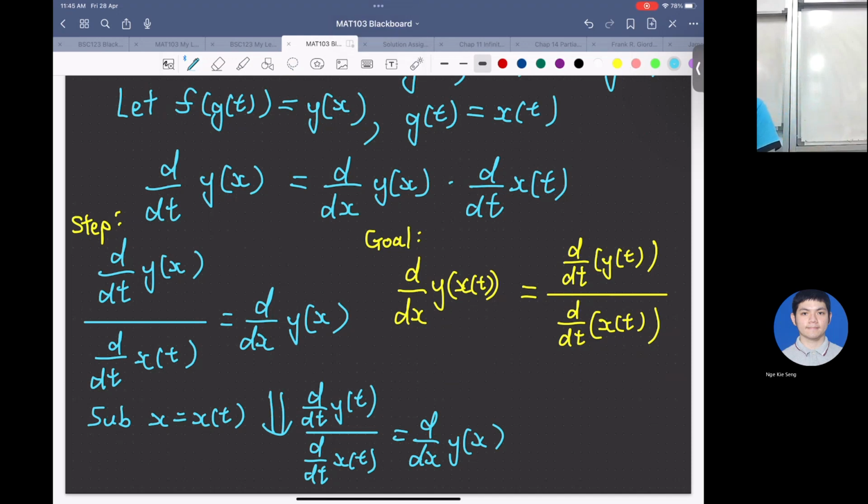Okay, so you need to remember this formula whenever you want to calculate dy/dx, but you are given the parametric equation in terms of t. Make sense? Is it making sense? Okay, right?